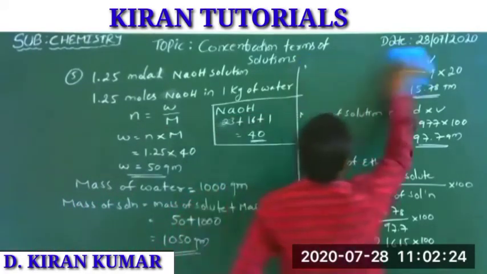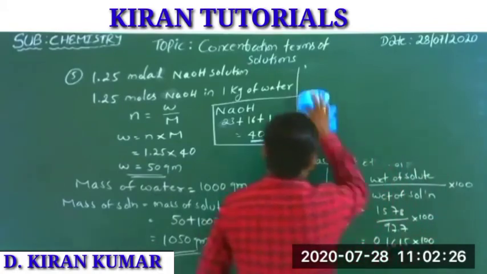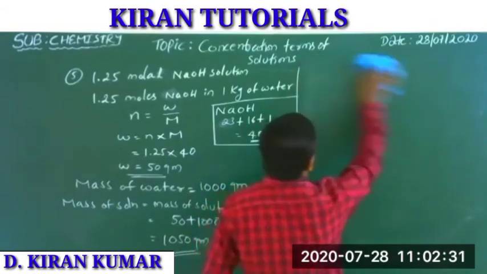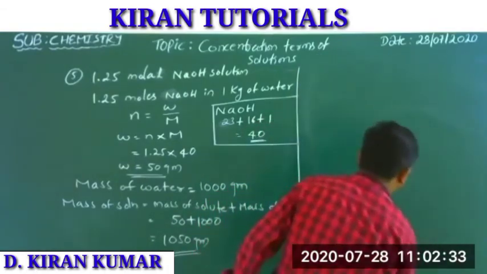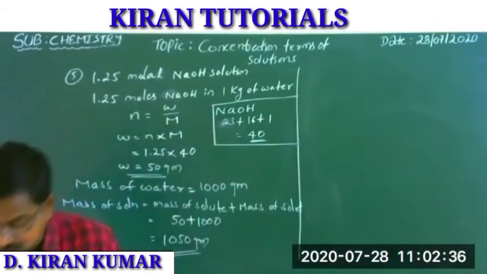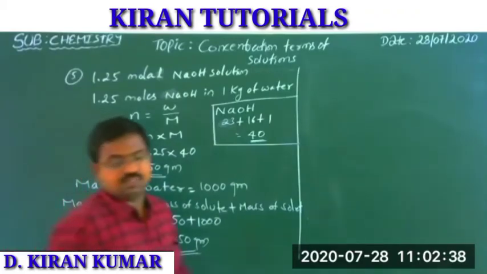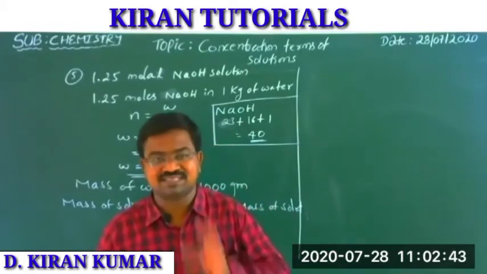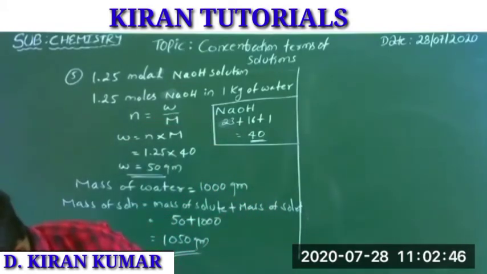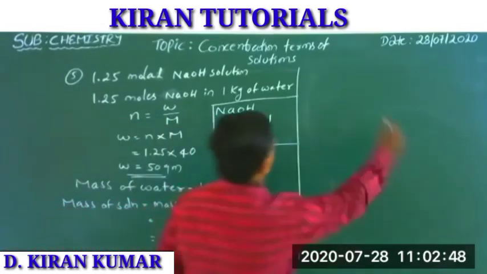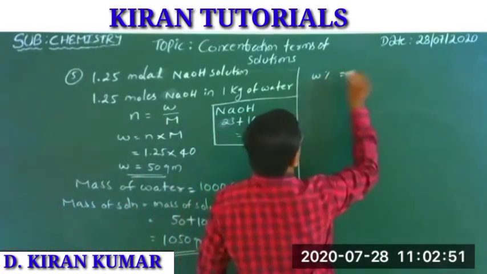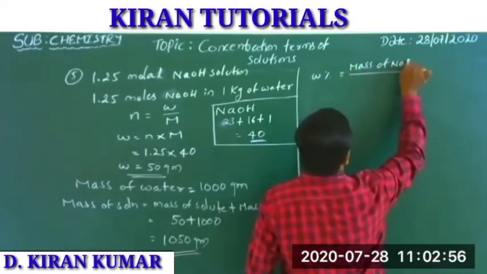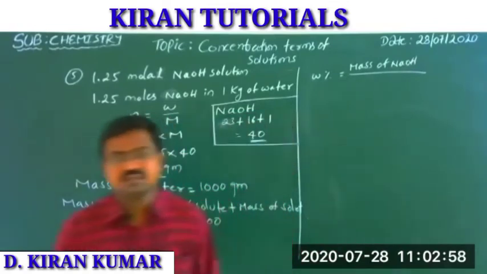Now I have to find out the weight percent. What is the question here? Weight percent we have to calculate. So weight percent is equal to mass of sodium hydroxide. What is the formula?